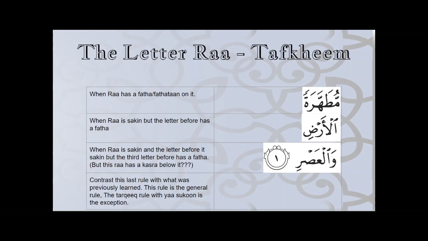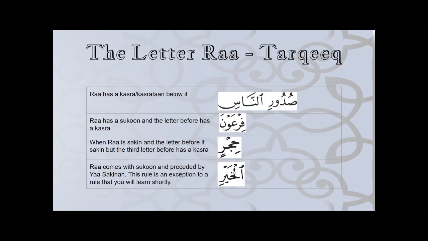Now you have to contrast this rule with the rule that you learned previously. And which rule was that? Which is this rule, al khair. That ra comes with the sukoon and is preceded by the last rule, the one that you see on your screen, the last on this tarqiq slide: when the ra comes with the sukoon and is preceded by a ya sakin, then it is going to be pronounced lightly.